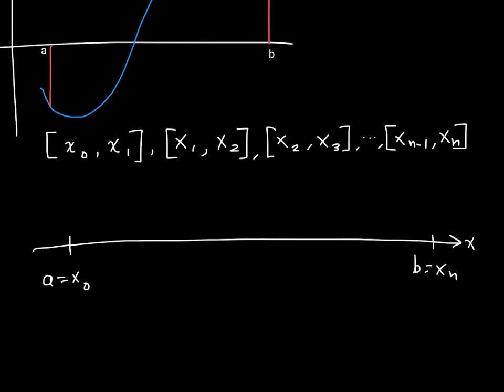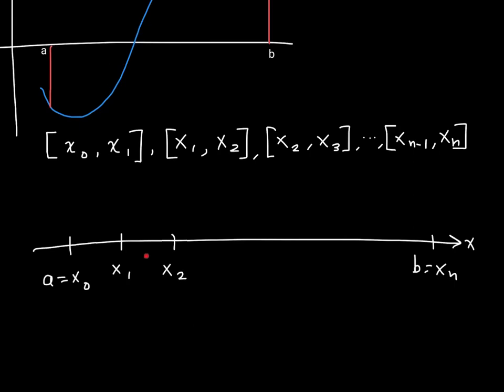Then our first interval is from x naught to x sub 1. Okay, so this is our first subinterval. I'll draw a picture where these subintervals all have the same width, but that's not necessarily needed. The next subinterval would be x sub 1 to x sub 2.